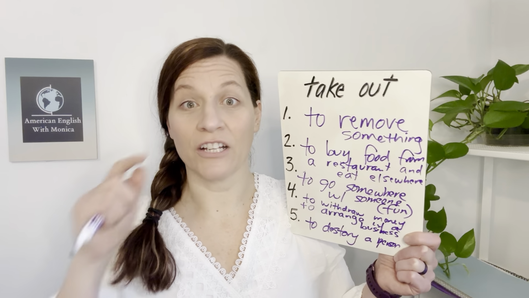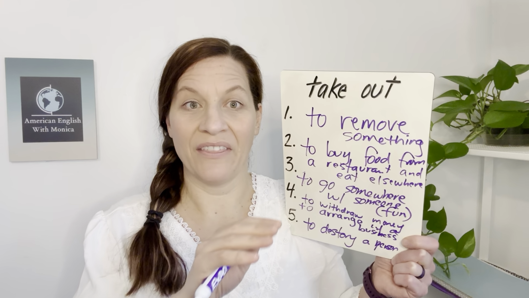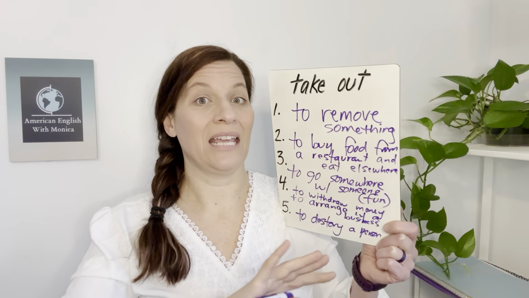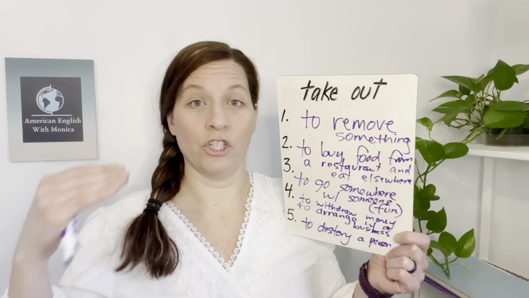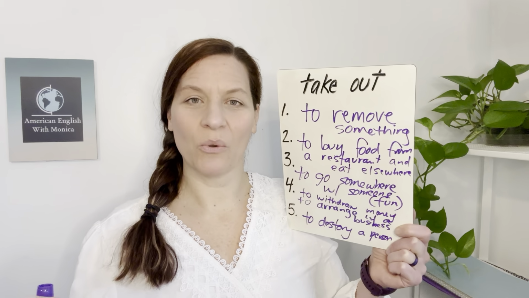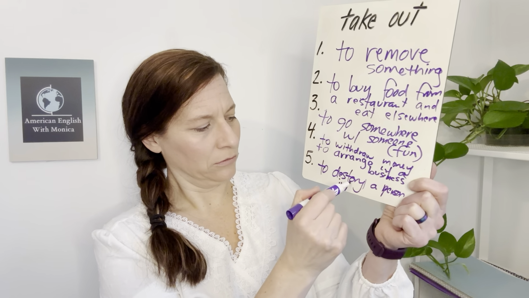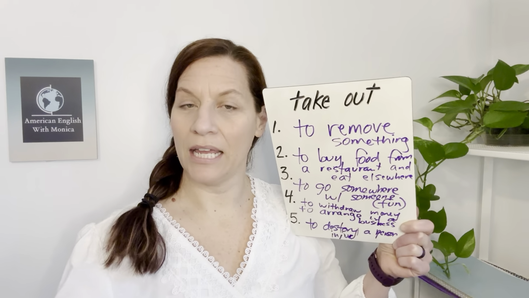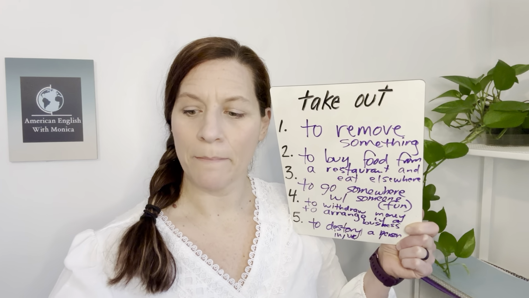For example, professional athletes, right? The injury happened at the game and she was taken out for the season. She had to miss the whole season because she was injured. So destroy, injure a person. If someone is taken out, it might be intentional. It might be by accident from an injury.